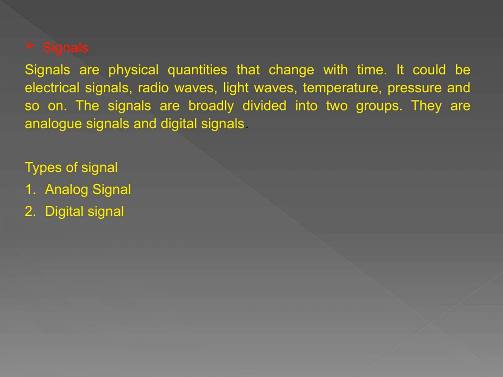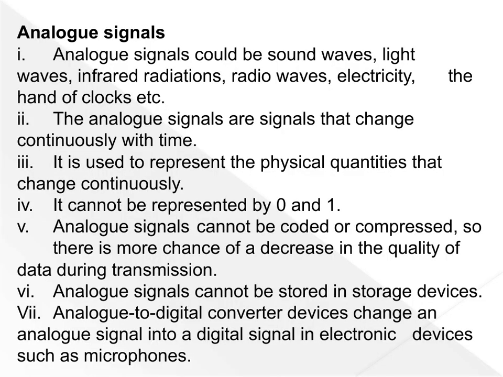Understanding these two types of signals is crucial because it helps us choose the right method for transmitting information, depending on the application. As we explore further, you'll see how each type has its unique strengths and challenges in communication systems. Let's talk about analog signals.